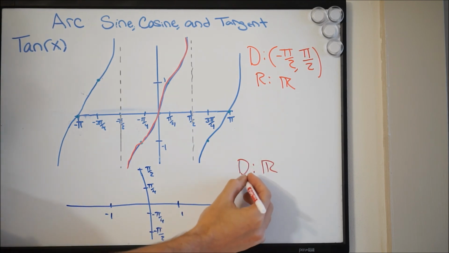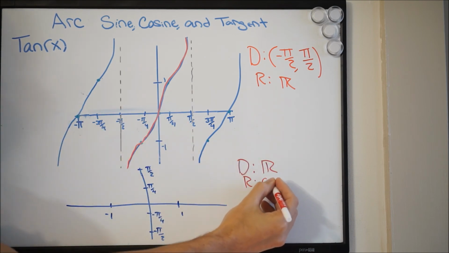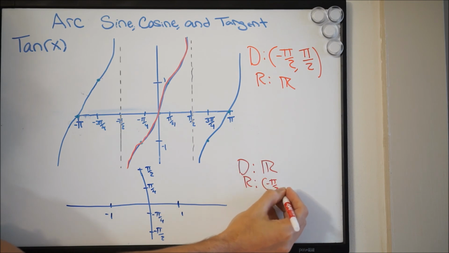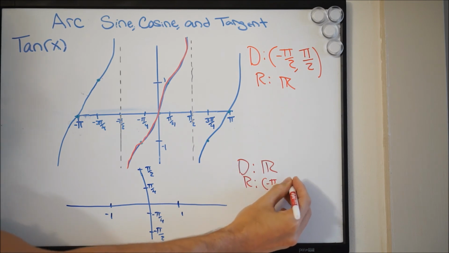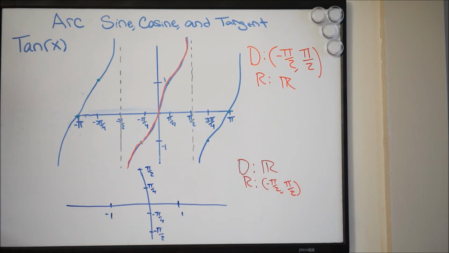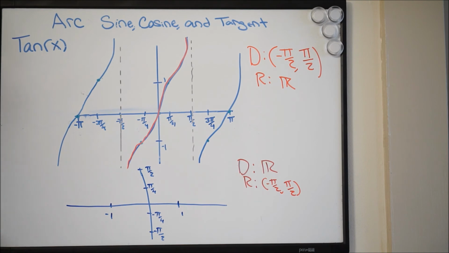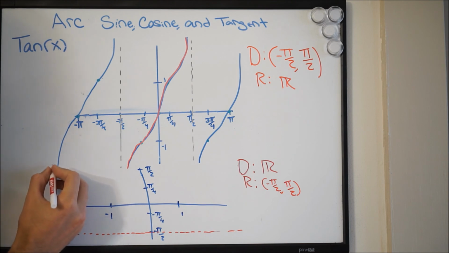Our range is now going from negative pi over 2 to pi over 2. So again, you're using parentheses here. Now, notice we had vertical asymptotes here. Well, since we took the inverse, we're now going to have horizontal asymptotes, and they're going to be at negative pi over 2 and pi over 2.